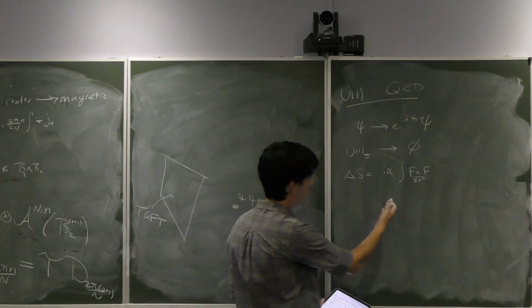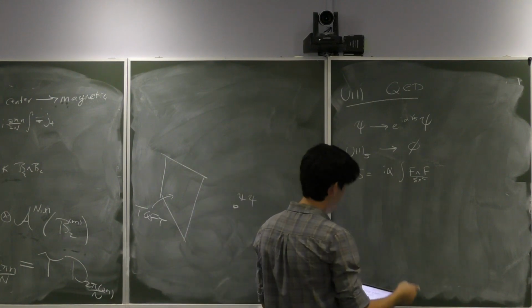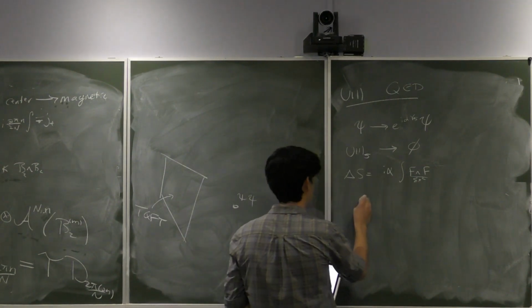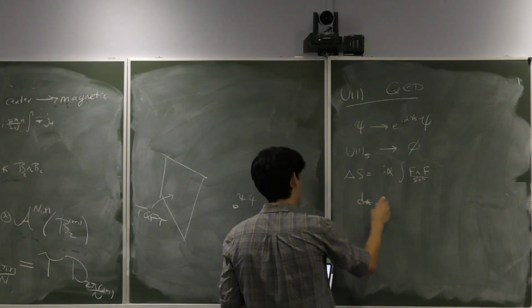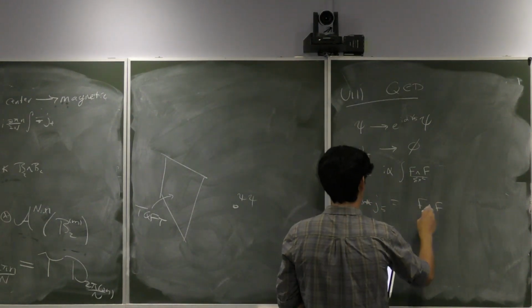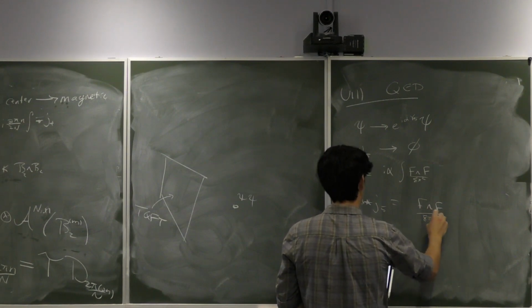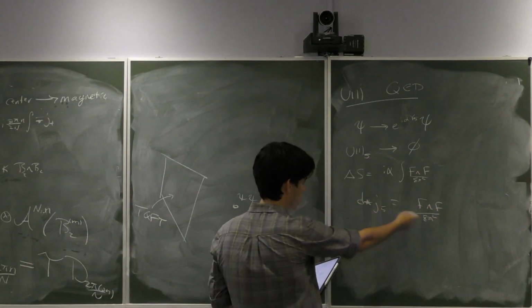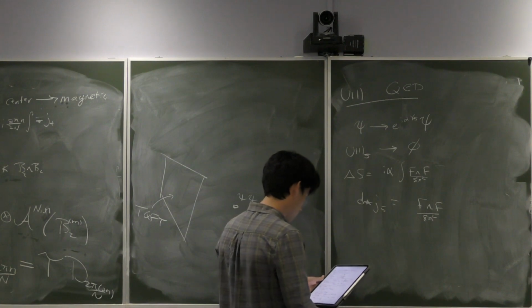So here you don't actually need center symmetry. You find that this current is broken by instantons, or rather this is just broken by the ABJ anomaly.